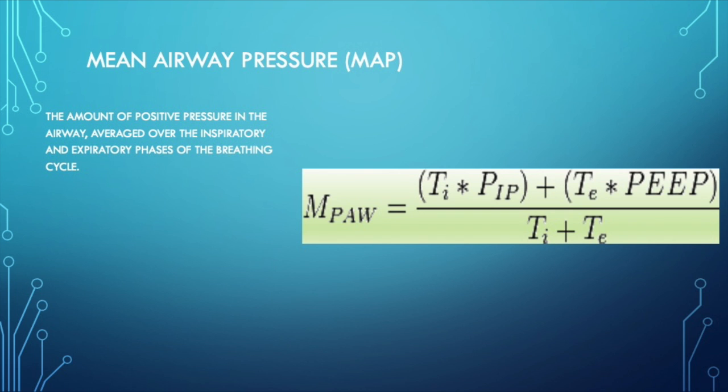This is very similar to the way that we calculate mean arterial pressure using systolic and diastolic blood pressure. On a normal patient with no obstructive disease processes, we would expect a mean airway pressure of 5 to 10 centimeters of water, and in patients with ARDS or COPD, this number can range from 15 all the way up to 30 centimeters of water.